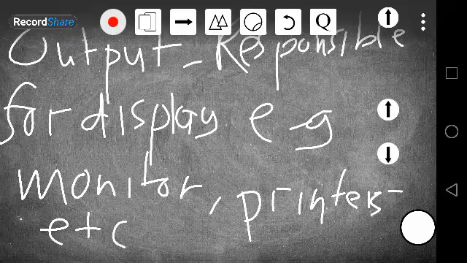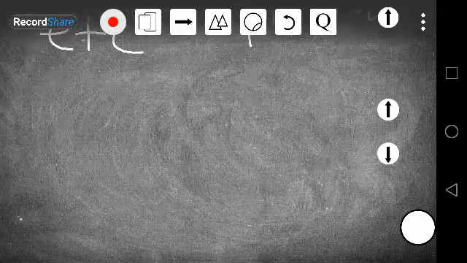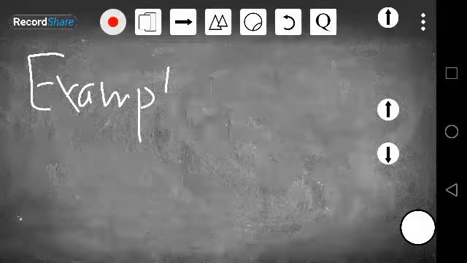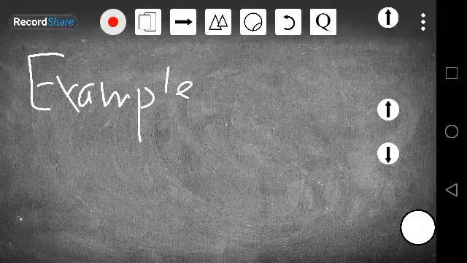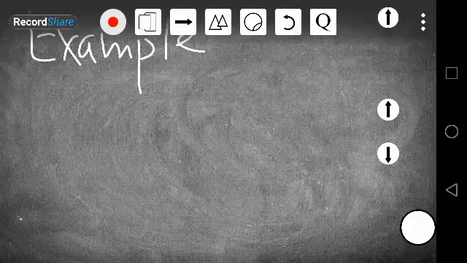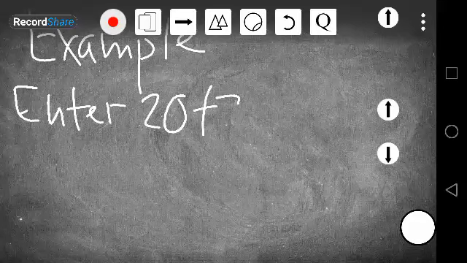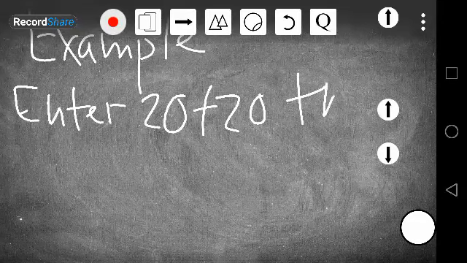Now we need to look at a practical example of what I'm talking about. Let's look at an example. We enter 20 plus 20 through the keyboard.